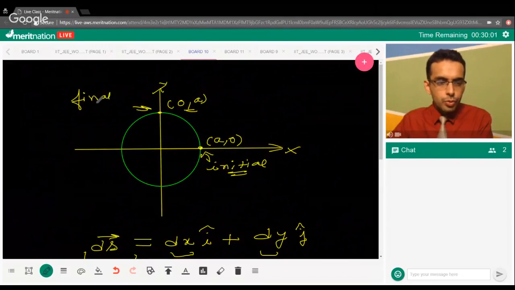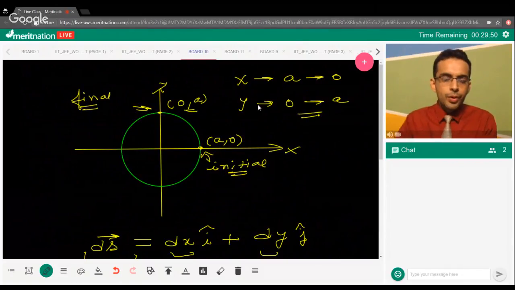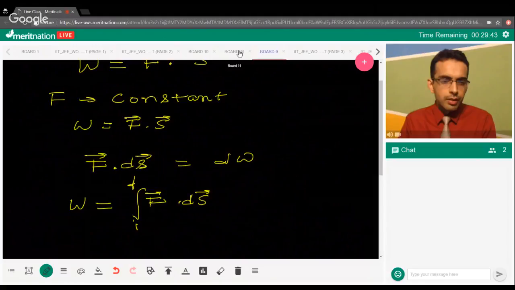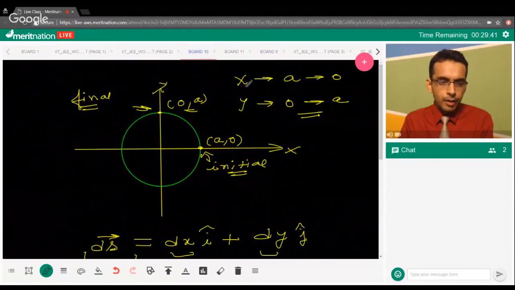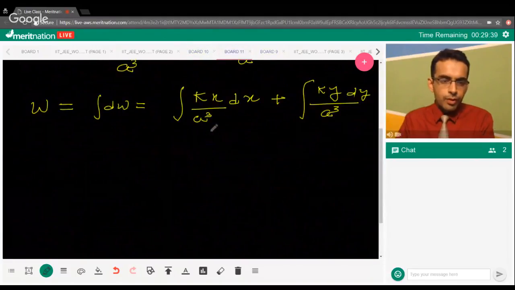So x is varying from a to 0, and y is varying from 0 to a, right? So these are going to be our limits. Substitute the limits here and simply integrate.